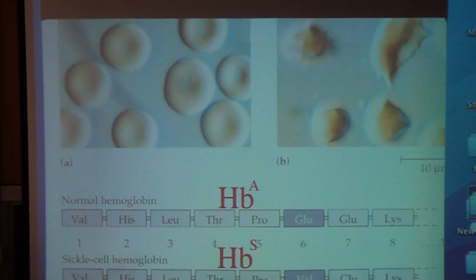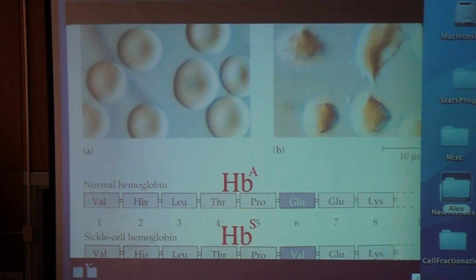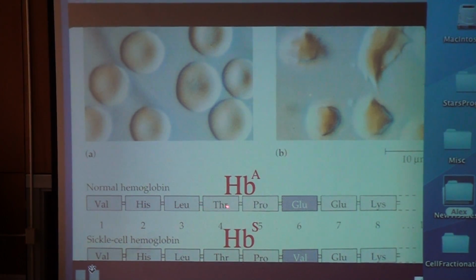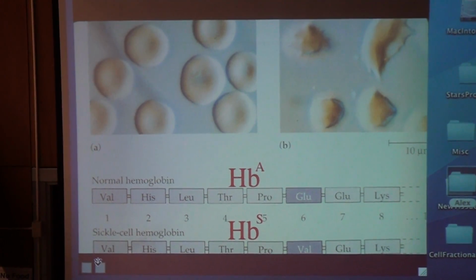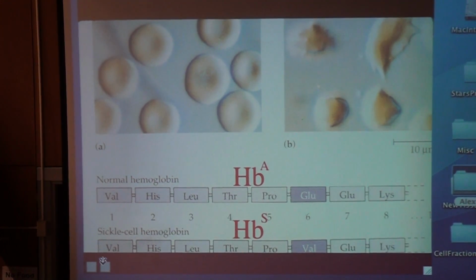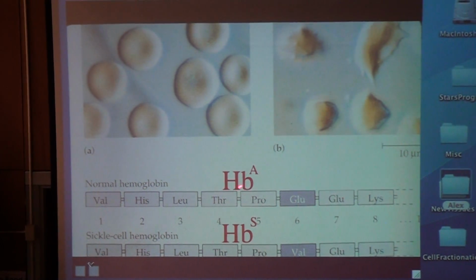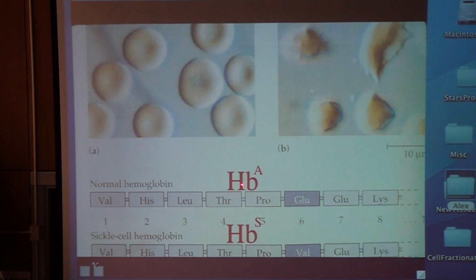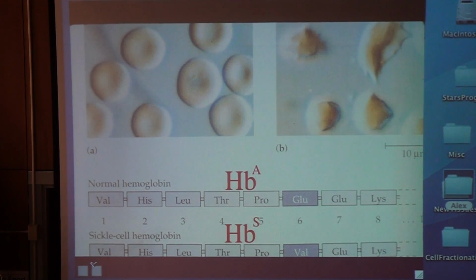And one of the polypeptide chains is 146 amino acids long, and this shows you the first 8 or so of those amino acids. The gene that encodes that particular protein is called the HB allele, or that's the HB^A allele of it, and they put uppercase A because in a sense it's a dominant allele for the normal protein.